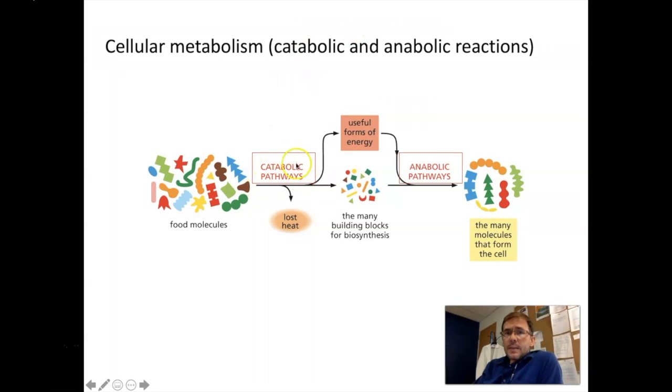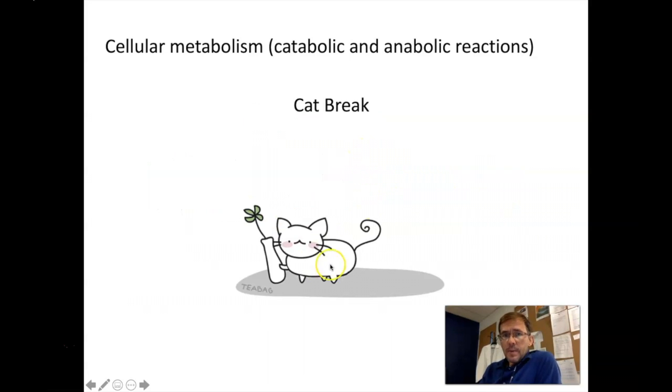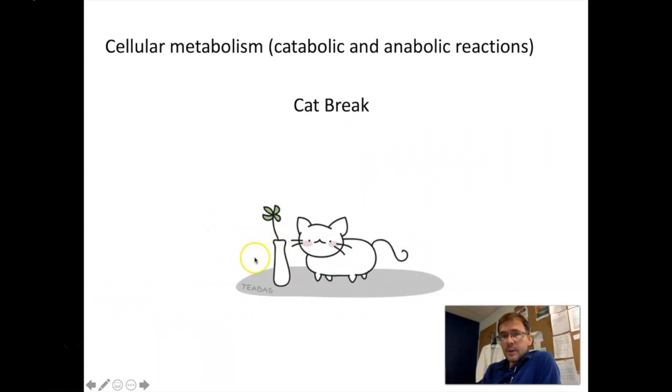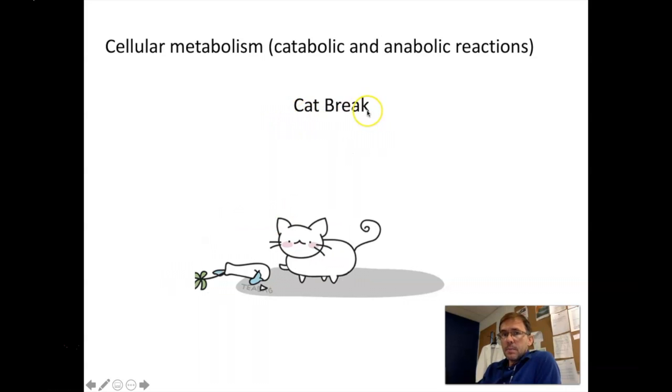So we can break things down and build things up, and we call these catabolic pathways and anabolic pathways. So catabolic is to break down, anabolic is to build up. If you want a way to remember that, you can think cats break things. So I have a cat here tipping over a vase. Catabolic is to break down.